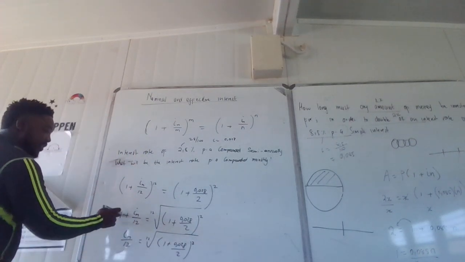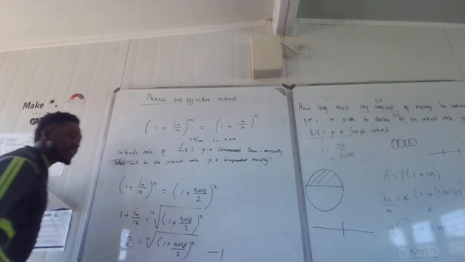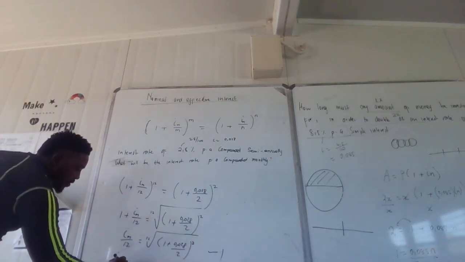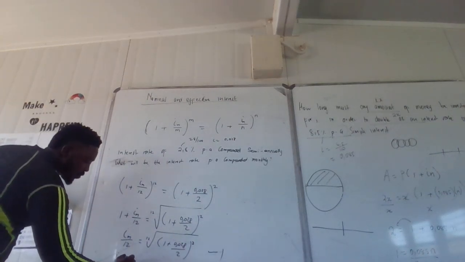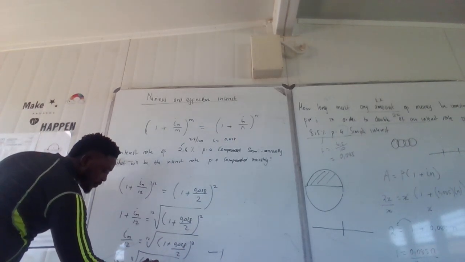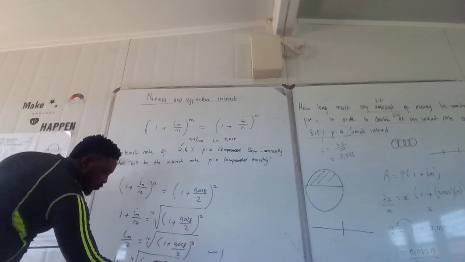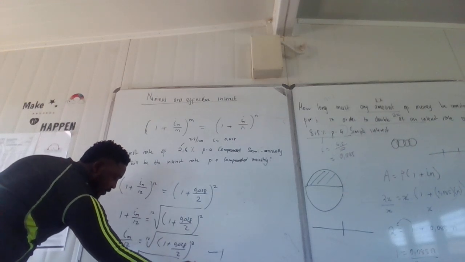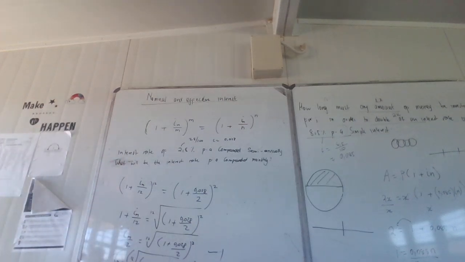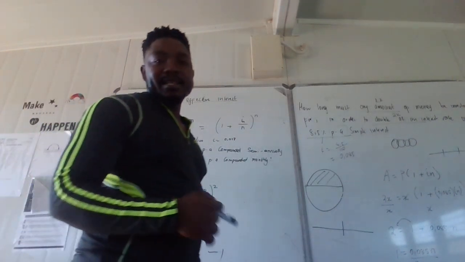This will be transposed to the side. It's not under the square root. And my i will simply be whatever I found there, the 12th root of 1 plus 0.028 over 2 to the power of 2, minus 1. Then multiply by 12. Then this will give you your interest per annum compounded monthly.